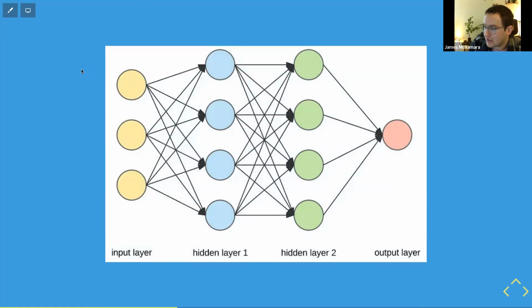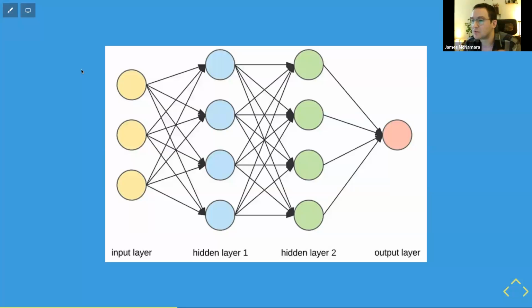So here is really a rough sketch of what a neural network looks like. It's not very pretty, but I'm only going to call out a few things here. The first is the input layer, and you can see here it has 3 nodes. So for this network, that is indicating that the input would be basically a list with 3 numbers.